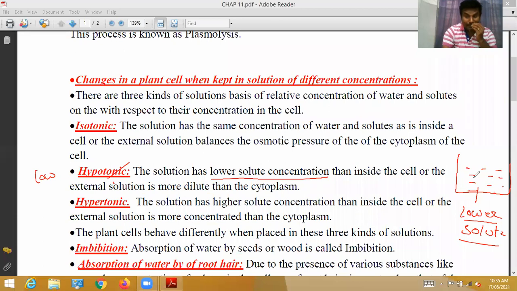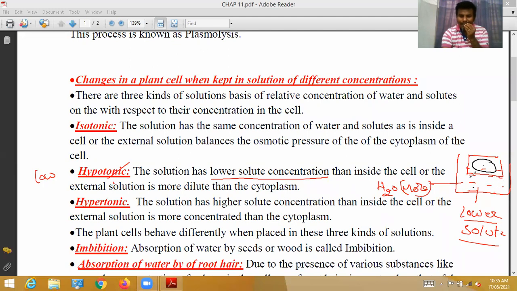Lower solute concentration means water molecules are more. Here they have kept one cell, and inside the cell the solute concentration is higher. The external solution is more dilute than the cytoplasm. Lower solute means more dilute, that means more water than the cytoplasm of the cell.